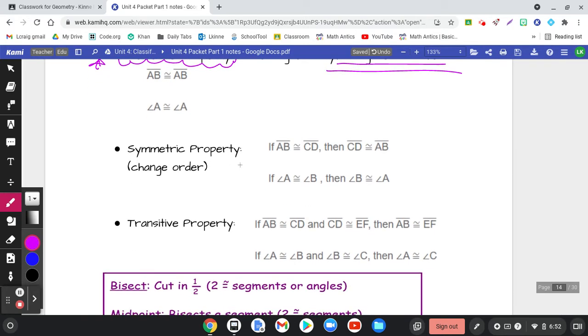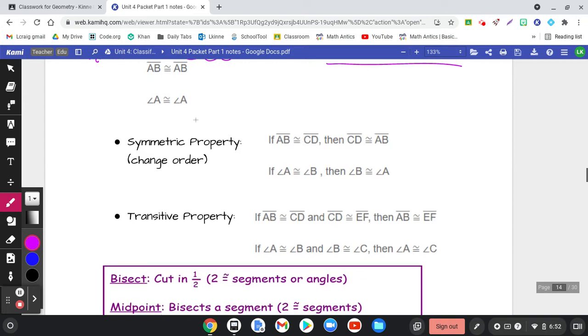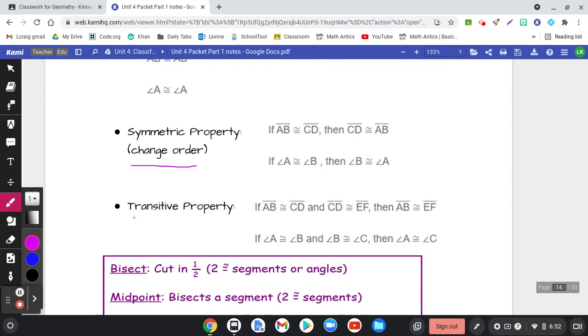There's the symmetric property, which isn't used as much anymore, but basically you just change the order. So if A is congruent to B, then B is congruent to A. If AB is congruent to CD, then CD is congruent to AB. It's just changing your order. And then the transitive property, again, we don't really use anymore. We may see it come up.